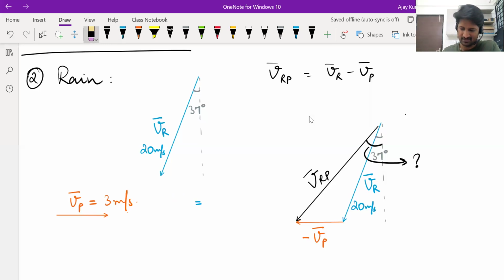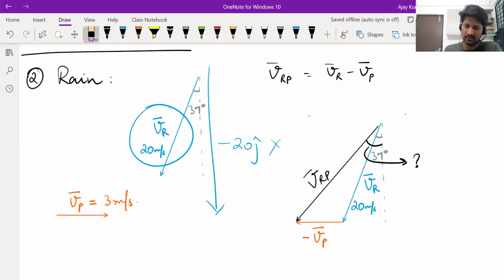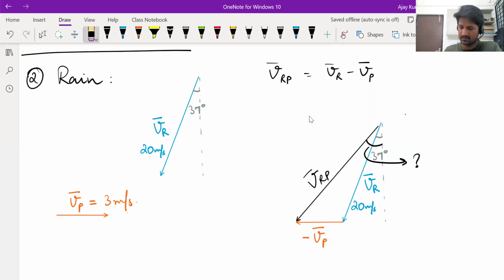No. I think you included this also and you are telling relative velocity. I'm just asking you what is the rain velocity in terms of i cap, j cap? This is not -20 j cap anymore. -20 j cap would be like this, no? It's at an angle, it's not in the y direction. Okay, this vector is not in the y direction.